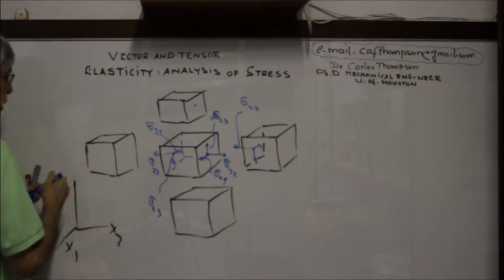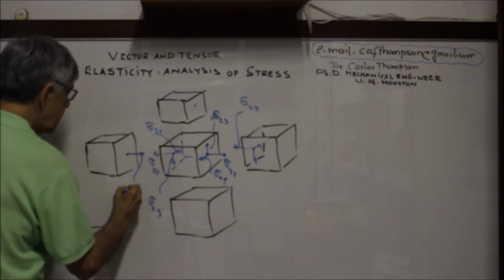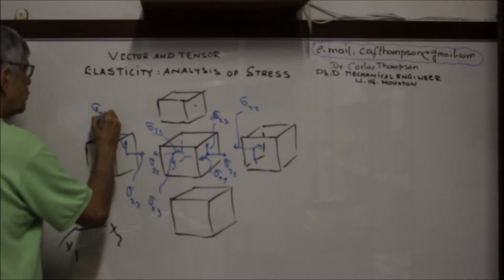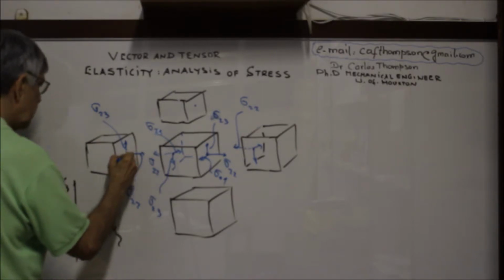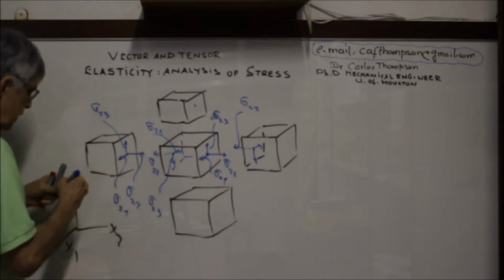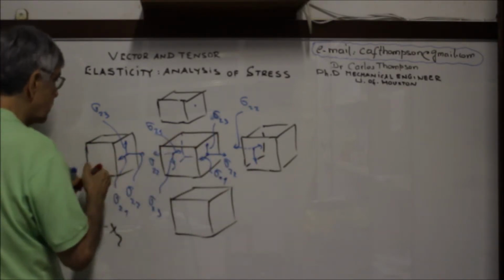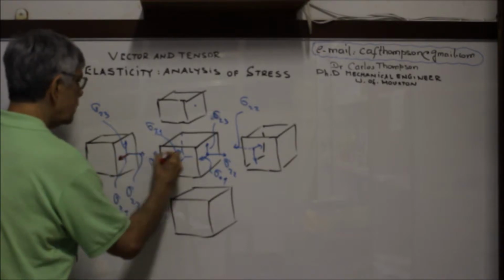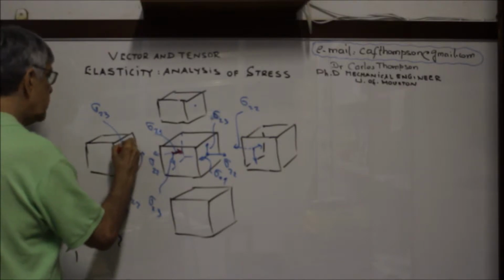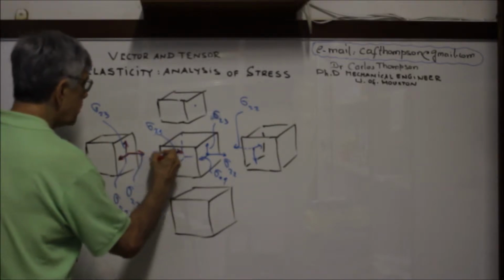Now on this face over here, in the equilibrium you have here sigma 2, and here sigma 2,3, and here sigma 2,1. Because they are surface force. They are in contact. You see this arrow here? Look, it's there, in the opposite direction. Now, this over here in the opposite direction, that one. And this one in opposite direction, that one.